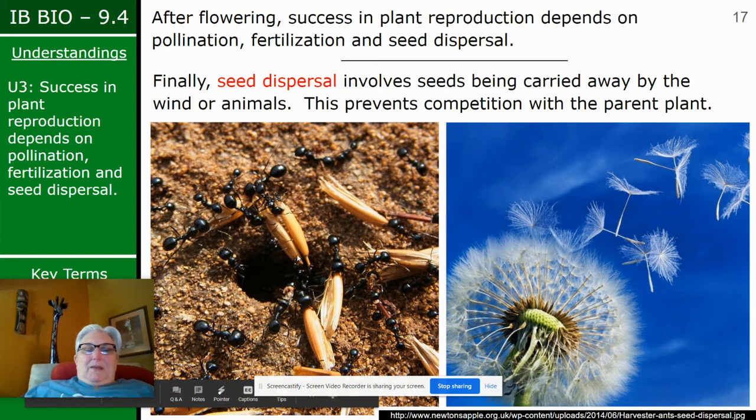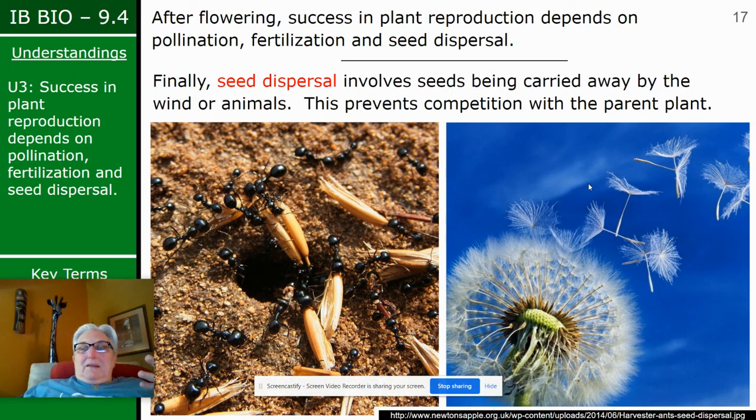Seed dispersal, as I mentioned, we looked at insects, but of course, remember that wind plays a big part too. The wind, you see this dandelion here, and we see all these individual things are pollen or seeds that will take root on another plant.